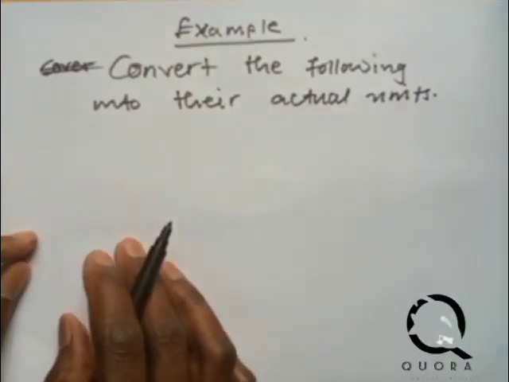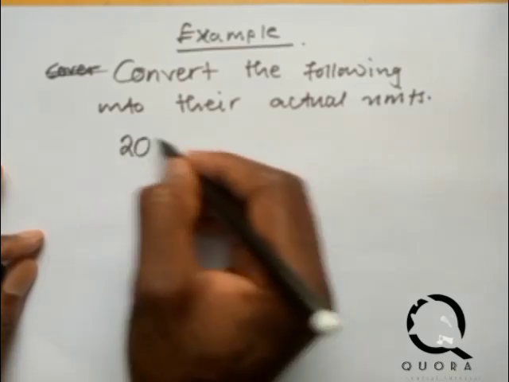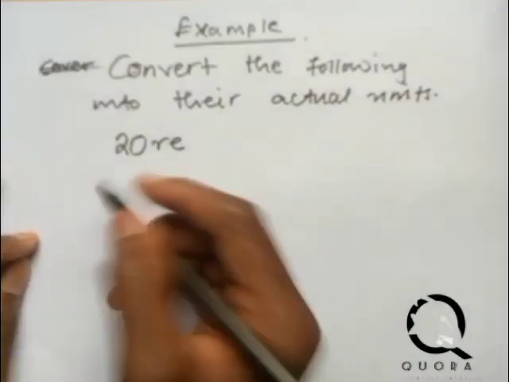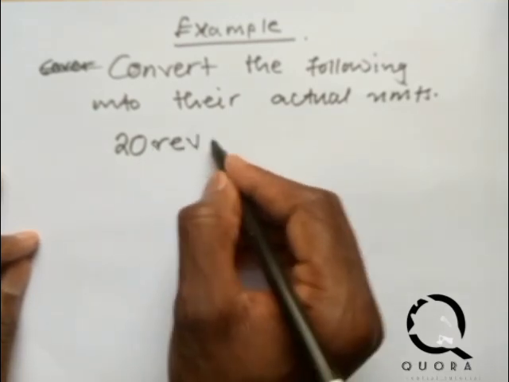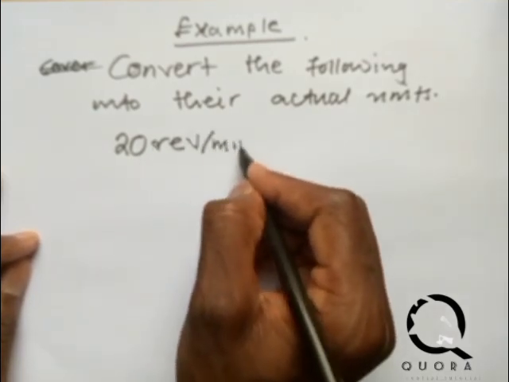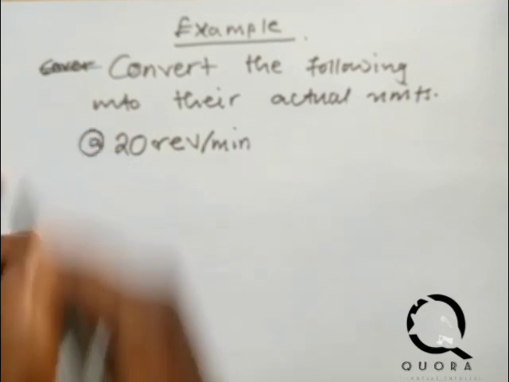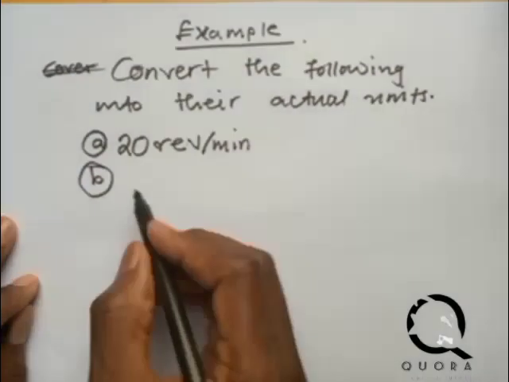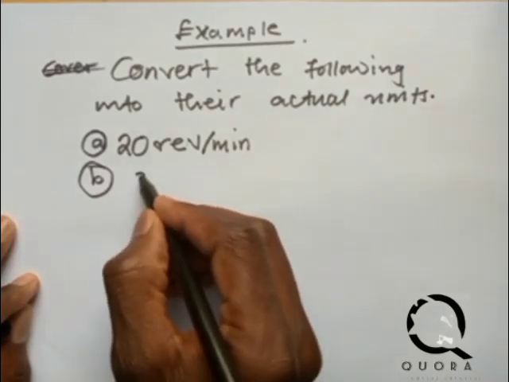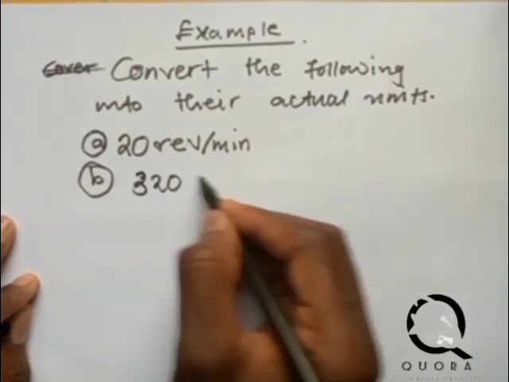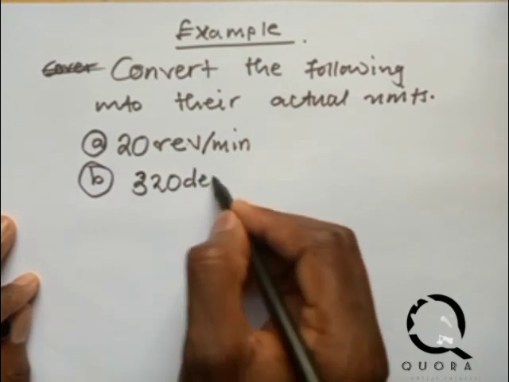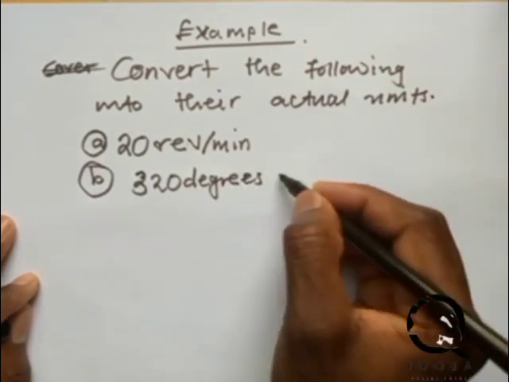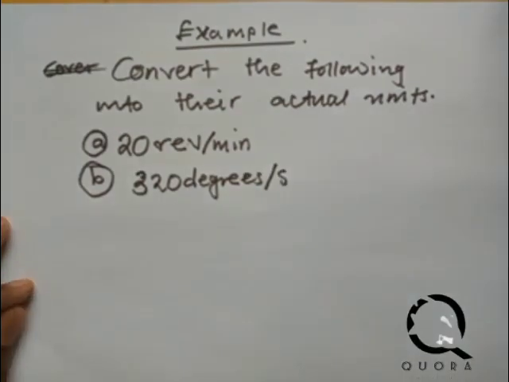A: 20 revolutions per minute, where revolution is mostly denoted by REV. B: 320 degrees per second.